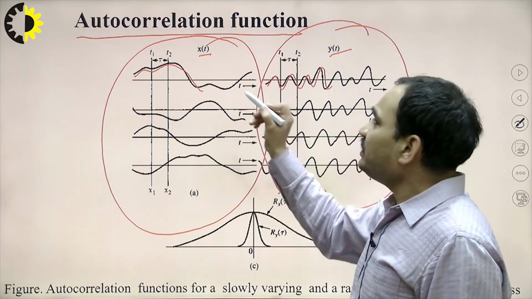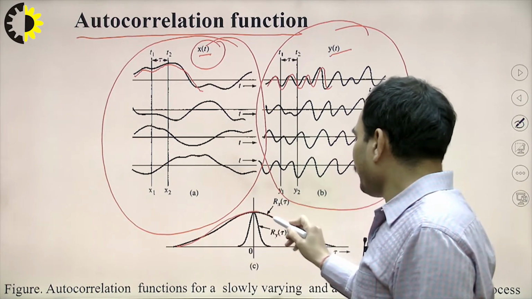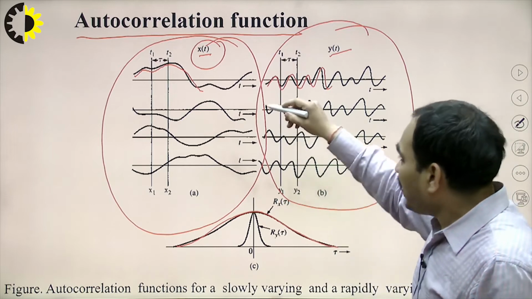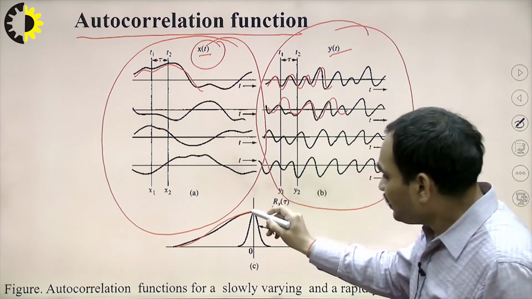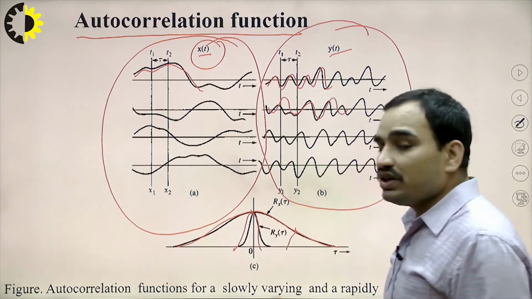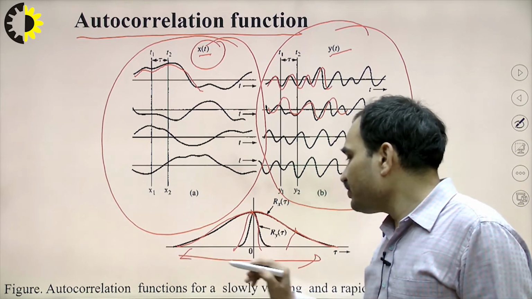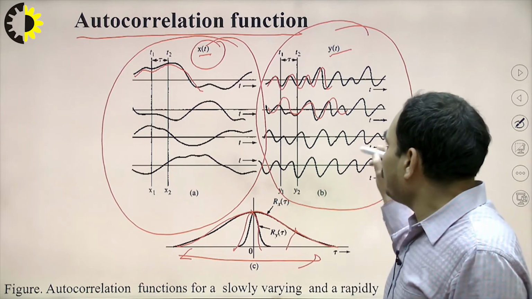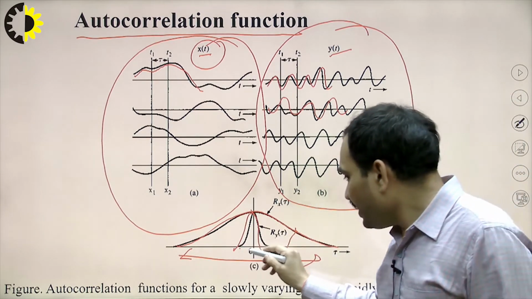The autocorrelation of a slow varying waveform will be wider, and the autocorrelation function for the highly fluctuating waveform will be very narrow. So the autocorrelation function for a slow varying waveform will be wide. Here we can see from this autocorrelation function that for the waveform yt, which is varying at a very fast rate, it is very narrow.